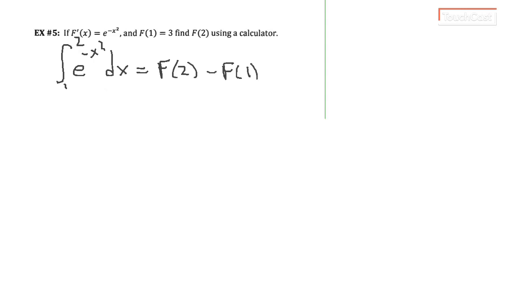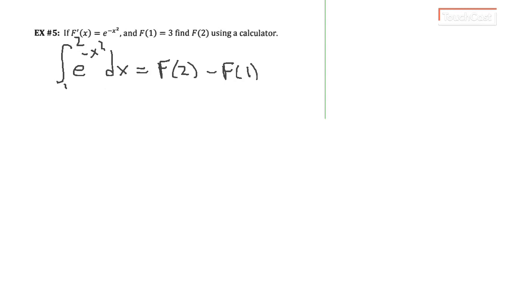What we need to do is find the integral of e to the negative x squared with respect to x, using the fundamental theorem of calculus, from 1 to 2, which equals f of 2 minus f of 1.